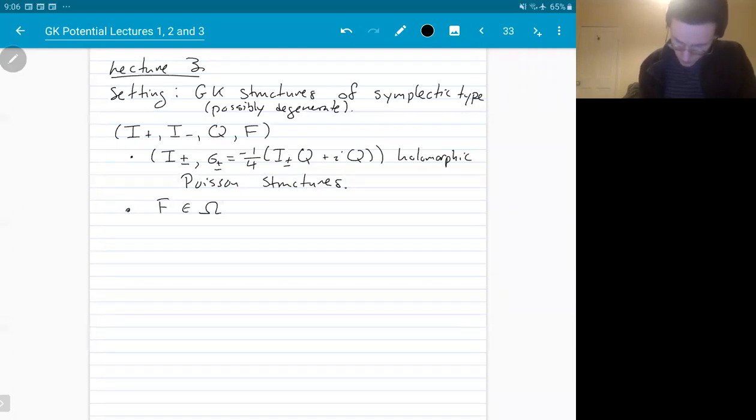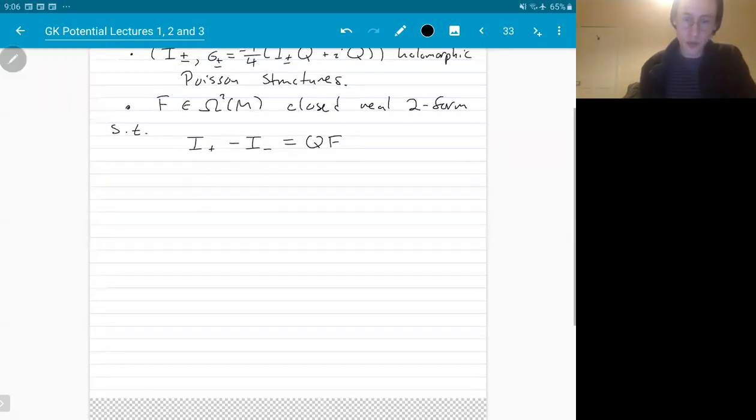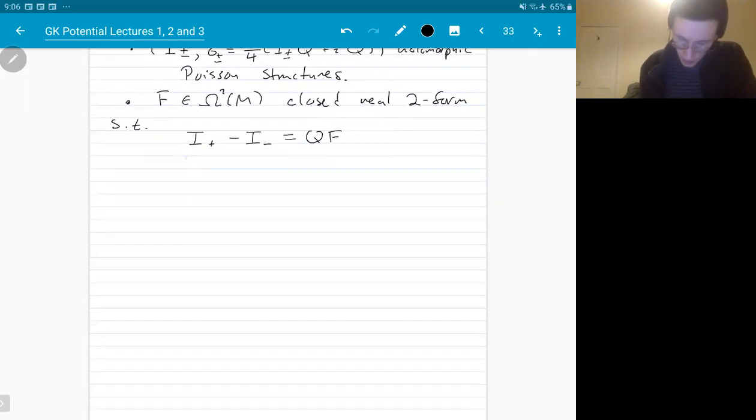F is a closed real 2-form, satisfying the following two equations: the difference between the two complex structures is measured by the Poisson structure and the 2-form, and this 2-form satisfies a kind of joint (1,1) condition.